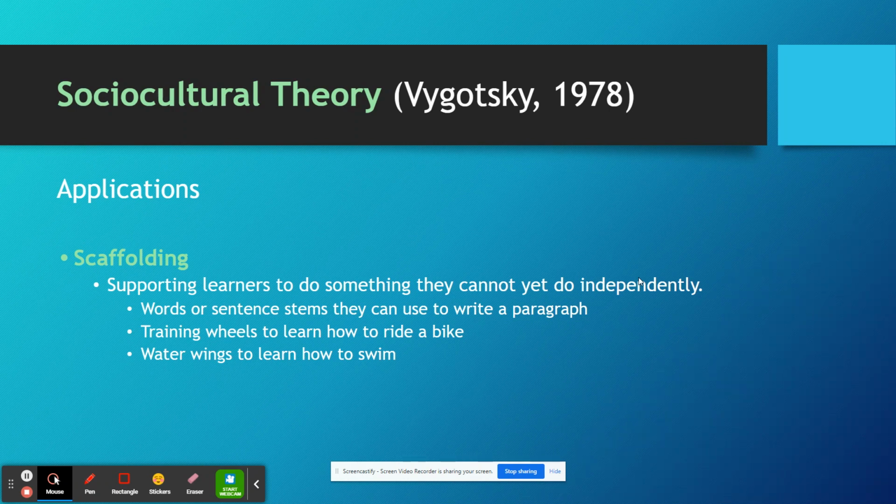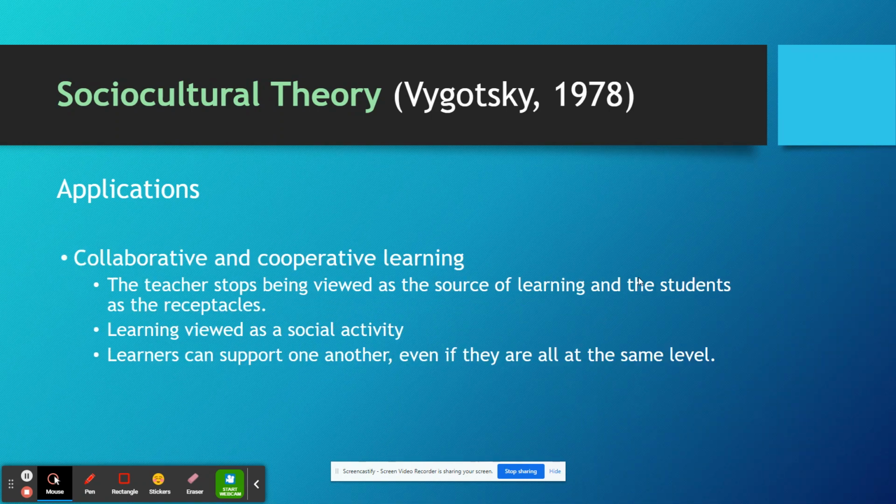But really, it's just like using training wheels when you're learning how to ride a bike, or using water wings when you're learning how to swim. Those are culturally constructed objects and practices that you're using to regulate or mediate your change in cognition or neural networks.